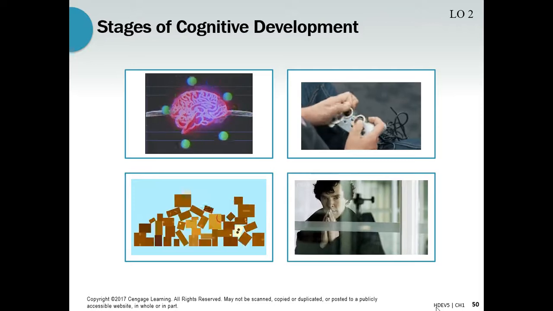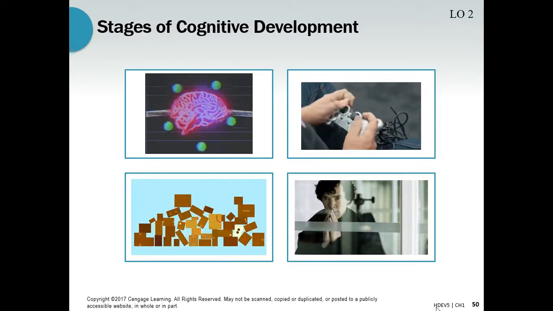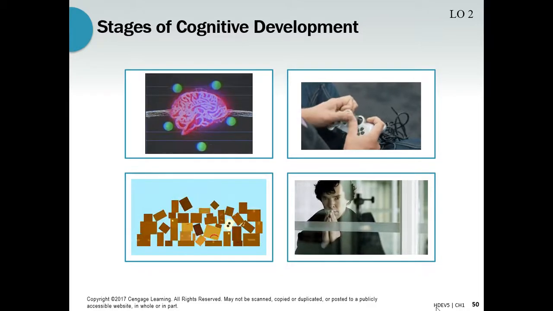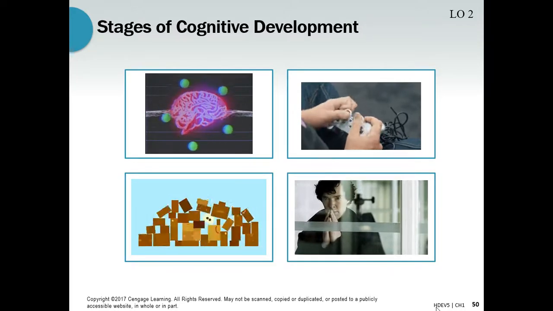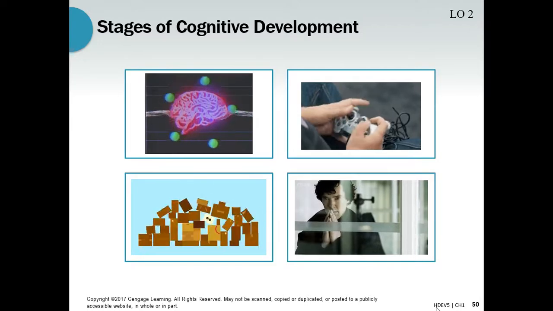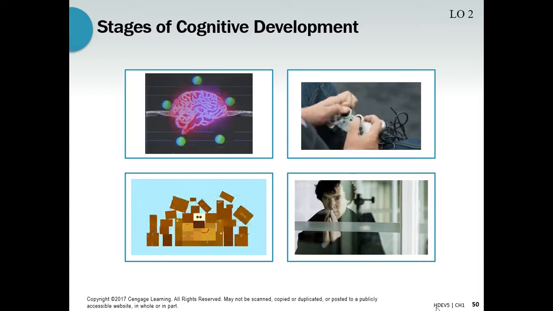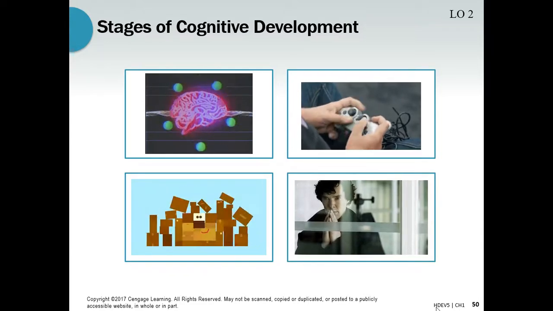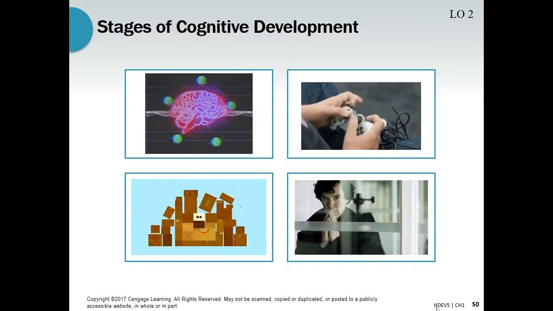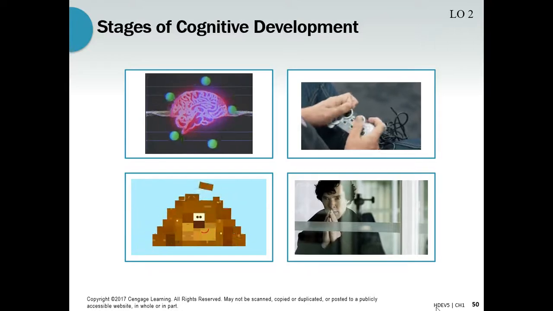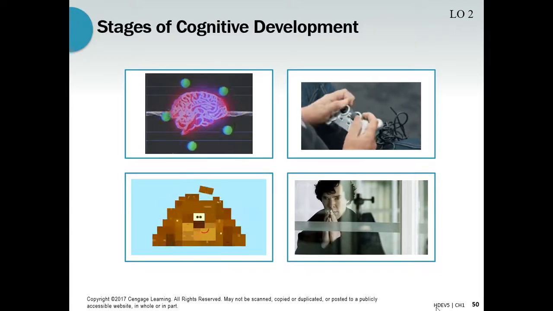If they think, moms are supposed to love their kids and make them treats, and mom doesn't do that, even if they can do the mental logic, mom's stressed out, something happened at work, it becomes very difficult for them to accept that mom is not acting in this ideal way that I expect her to act. And in fact, that will interfere with their logic and their ability to accept what's happening in front of them. And again, we'll talk more about that when we talk about adolescence.